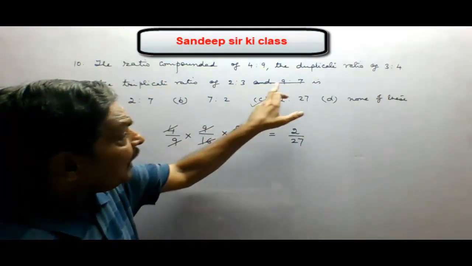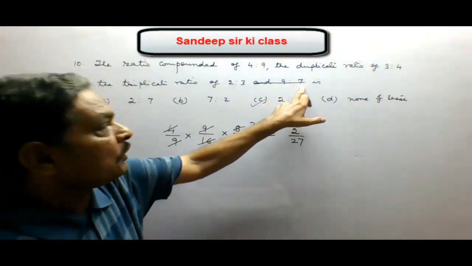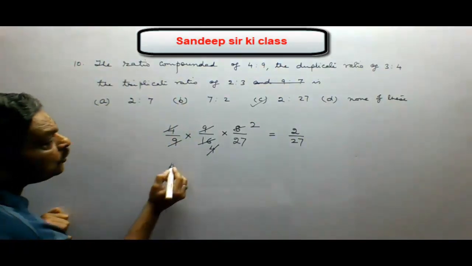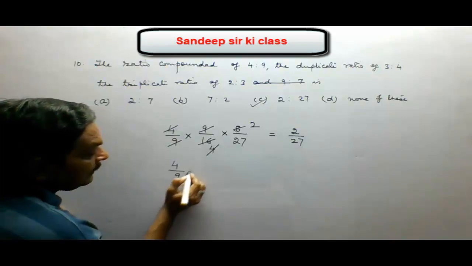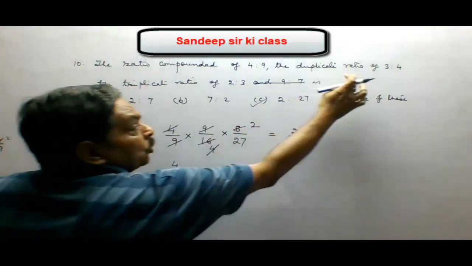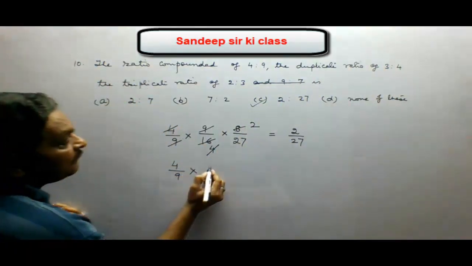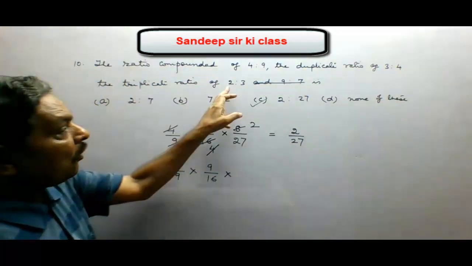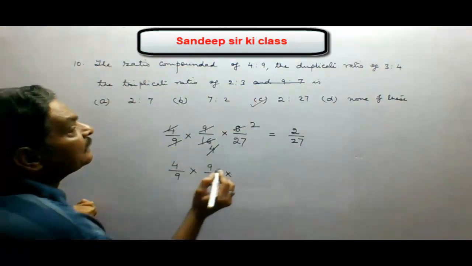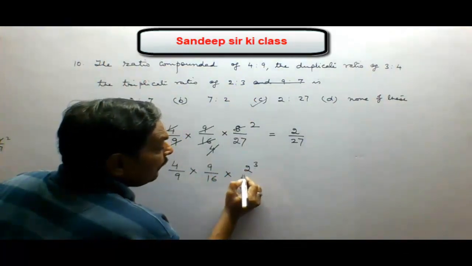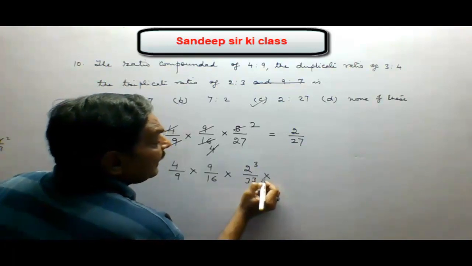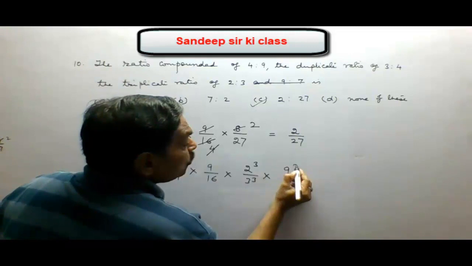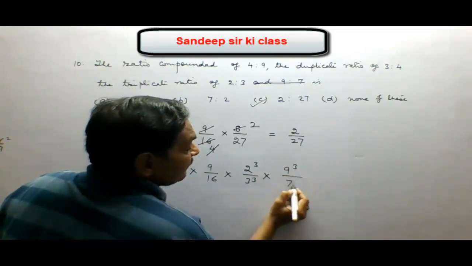Now, if I am to consider this 9:7 also, then our required compound ratio will be 4/9 into the duplicate of 3:4, which is 9/16, the triplicate of 2:3, which is 2 cube upon 3 cube, and 9:7, which is 9 cube upon 7 cube.